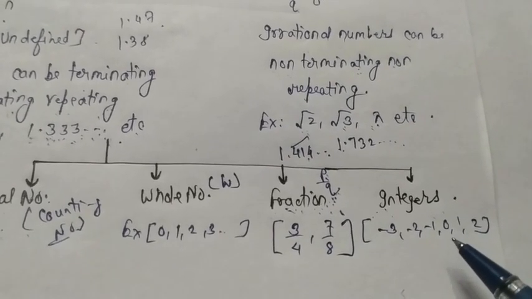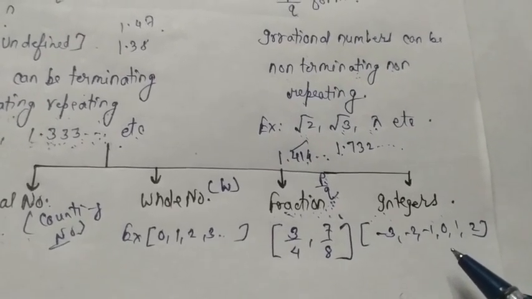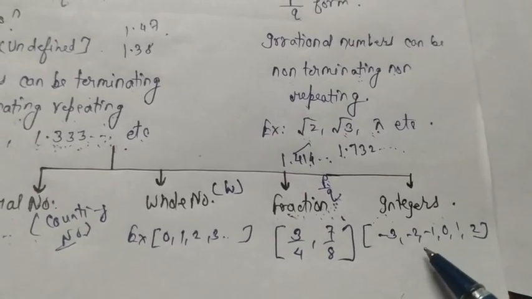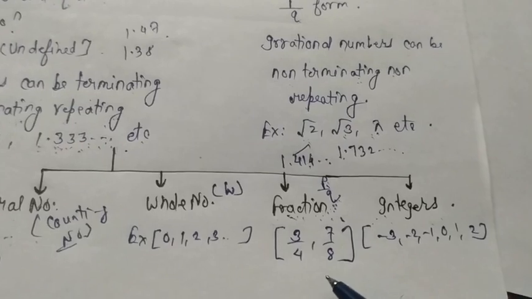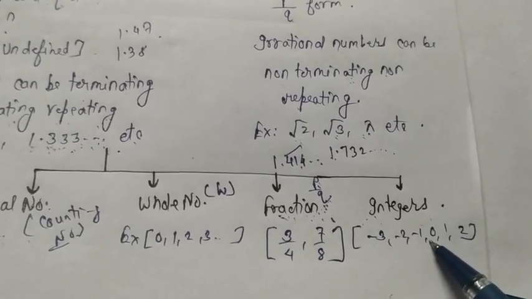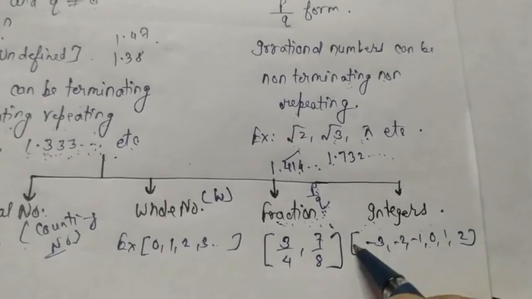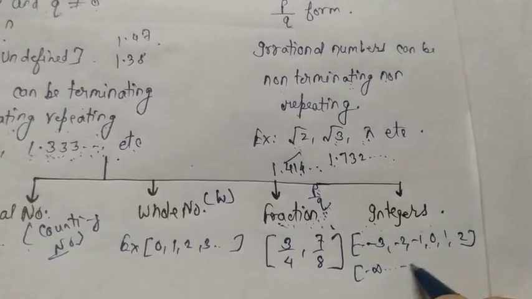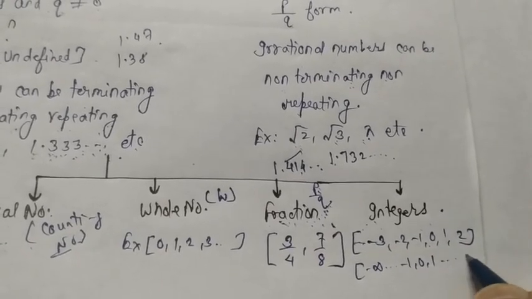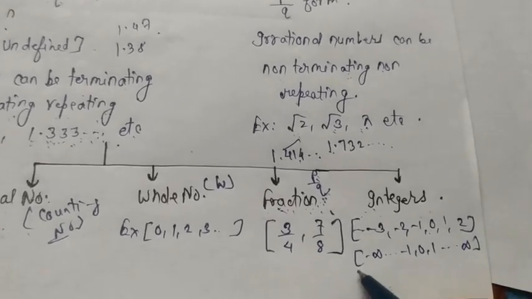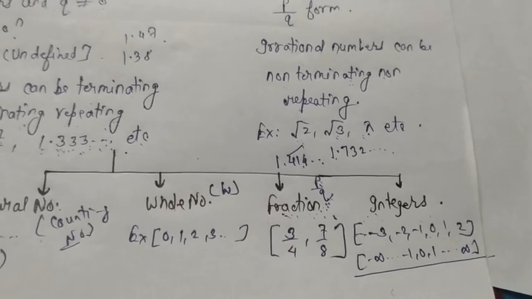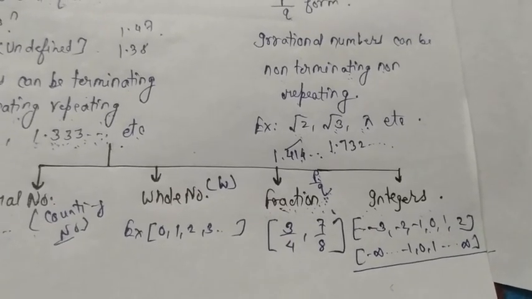Positive numbers start from 1: 1, 2, 3, 4, 5 up to infinity. Negative numbers start from -1, that is -1, -2, -3 up to minus infinity, and including 0. So we can say minus infinity ... -1, 0, 1 ... plus infinity. Integers can be classified like this. We have to take all the values, positive as well as negative.